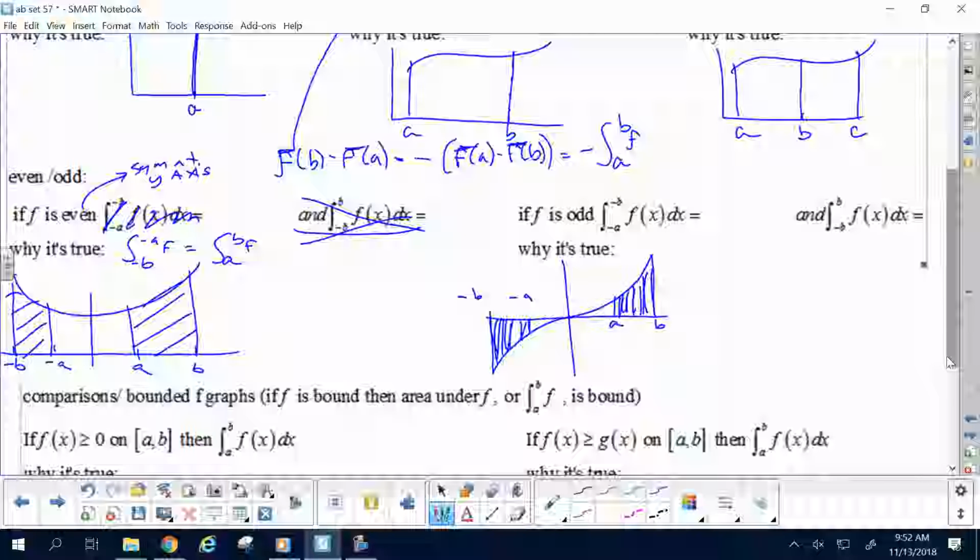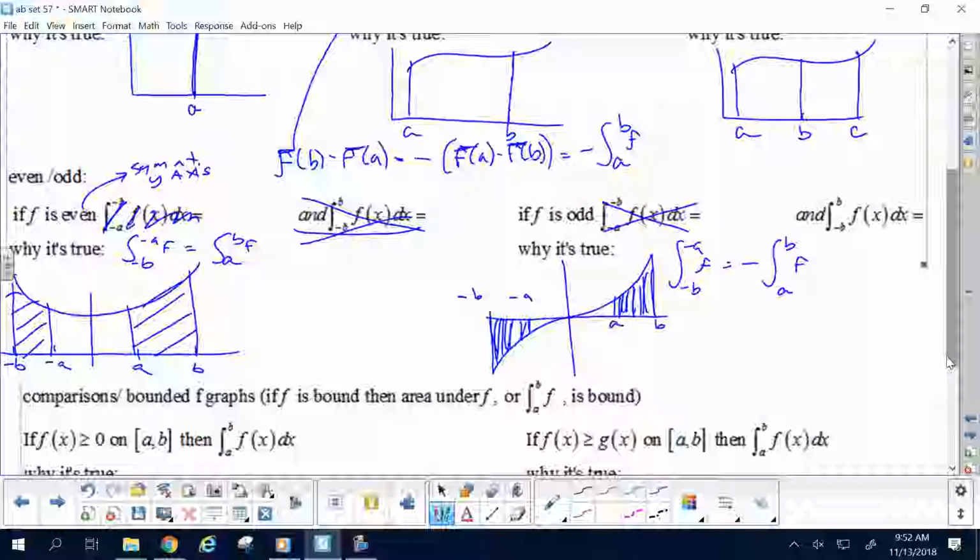Now surely, because it's odd, the shape of the curve should be exactly the same on both sides, so there should be some kind of correspondence to their areas. But is it straight up equal or the opposite? It's the opposite because you're talking area below a curve. And so you would say the area from negative b to negative a is the opposite of the area from a to b.